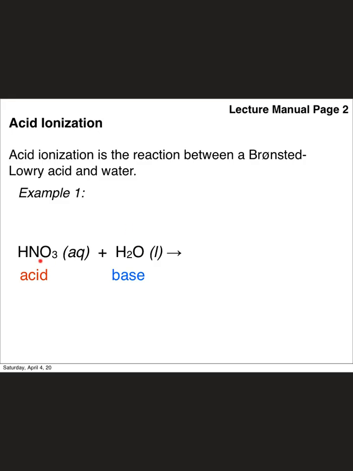So that means nitric acid will lose a proton, and on the other hand, water will gain a proton. You can see that as nitric acid gives a proton to water, it becomes nitrate ion. And as water accepts a proton from nitric acid, it becomes hydronium ion.